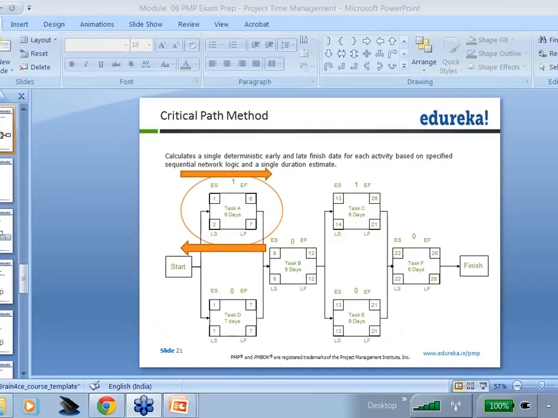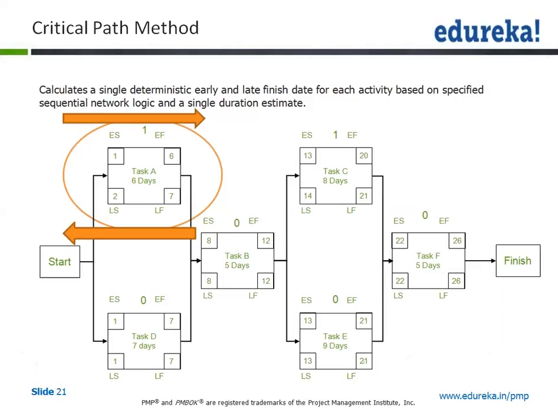The purpose of the critical path method is the purpose which helps us to identify how early an activity can be started and how fast an activity can be completed. That is the purpose of this activity.